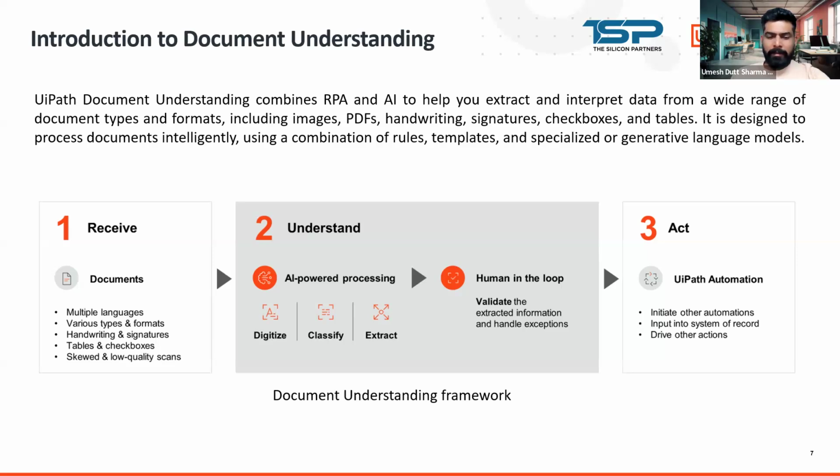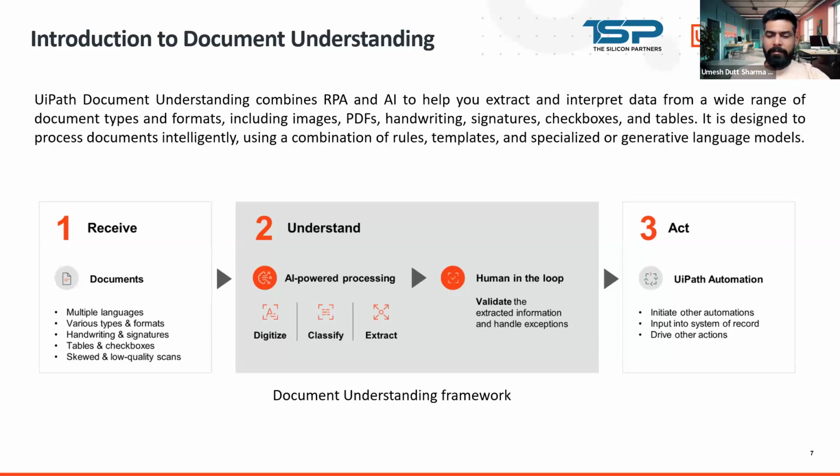Once we have the document, the next step is to apply document understanding. That is where the AI-powered capability comes into the picture, where majorly 3 steps are involved. The first is digitization, which is nothing but applying OCR on the document to extract the information. The next step is to classify the document, whether it is an invoice, purchase order, sales order, or receipt.